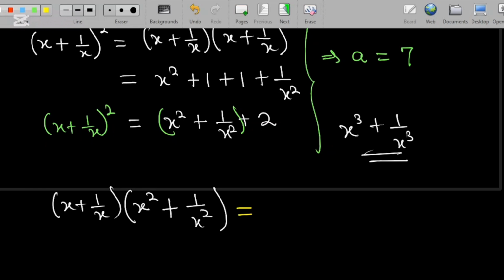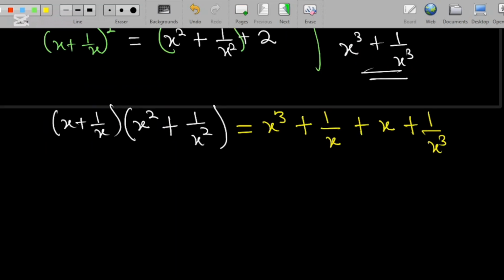So here we are going to have x times x squared will give us x cubed. x times 1 over x squared is going to give us 1 over x, because one x will cancel, so we have 1 over x. And then plus this one now, 1 over x times x squared is going to give us x, and 1 over x times 1 over x squared is going to give us 1 over x cubed.